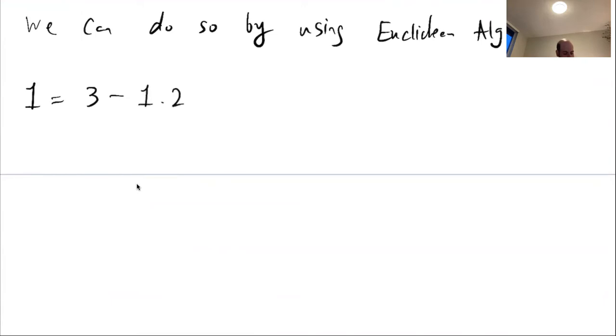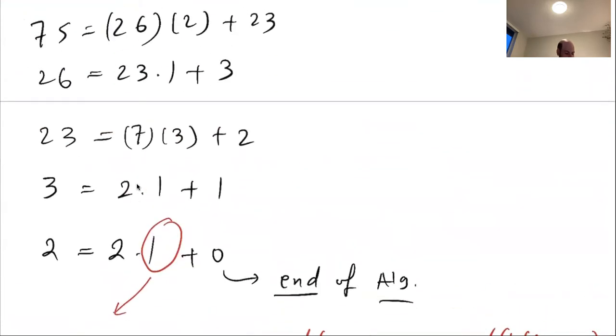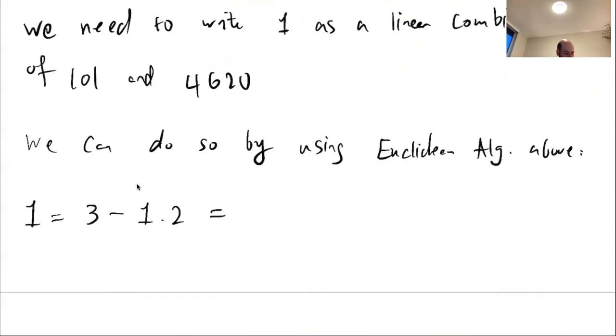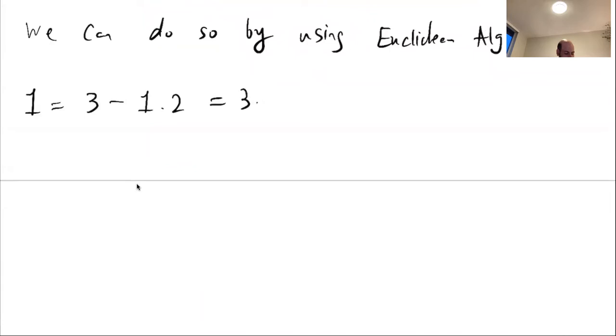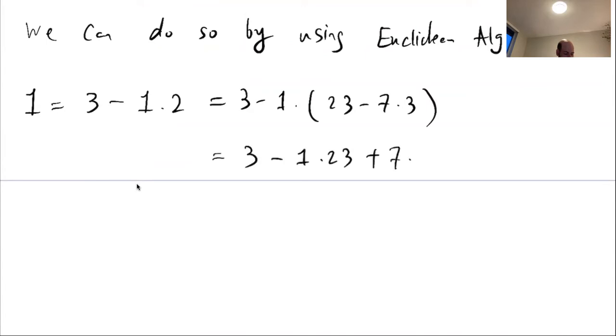1 times 2. And then if you look at the equation above this, 2 can be written as 23 minus 7 times 3. So 3 minus 1 times (23 minus 7 times 3), which is the same as 3 minus 1 times 23 plus 7 times 3. Now 7 times 3 plus 3 is 8 times 3 minus 1 times 23.